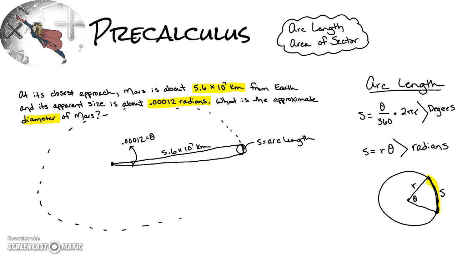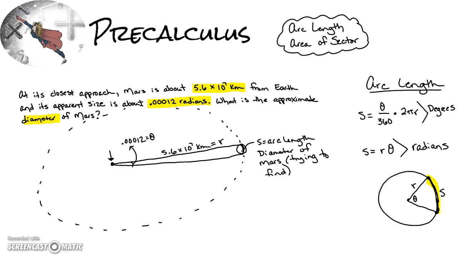Okay, that's not a very pretty looking circle, but if you imagine that, here we are at the center of this big huge circle. The 5.6 times 10 to the 7th can be used as the radius, the r. The arc length is the diameter of Mars, which is what we're trying to find. And the apparent size is the theta. And that's easy to remember because it's measured in radians, which is how we measure an angle.